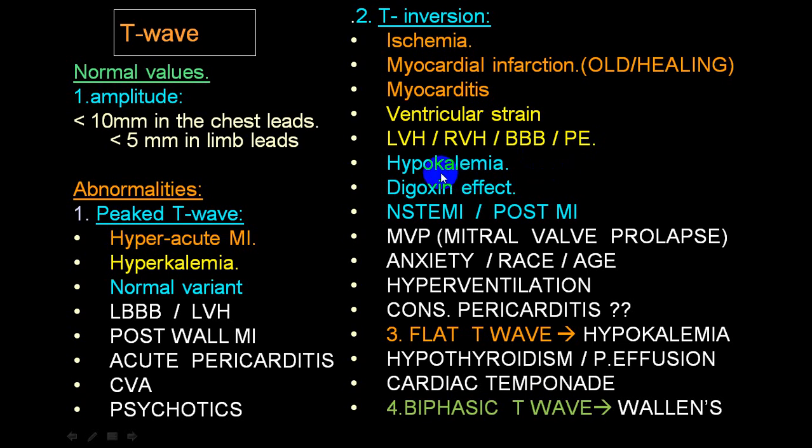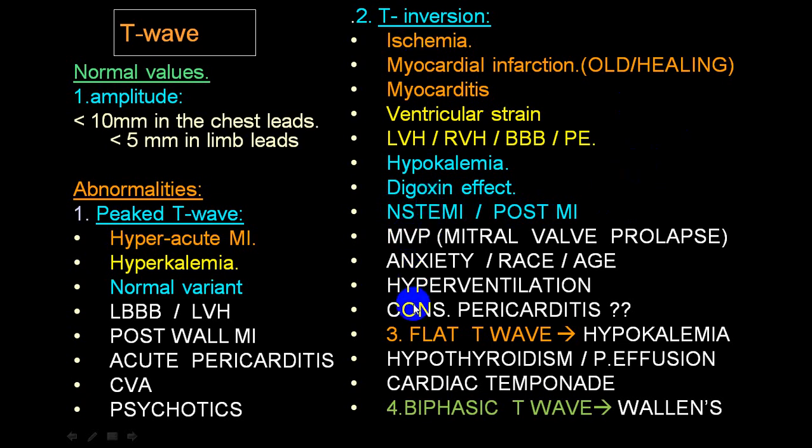In the case of hypokalemia, usually we get a flat T wave followed by a U wave appearance. In digoxin effect, usually we come across a Mustache sign of the T wave with ST segment depression. In a non-STEMI and posterior MI, you will get ST depression with T wave changes. So these are the conditions where you will get changes.